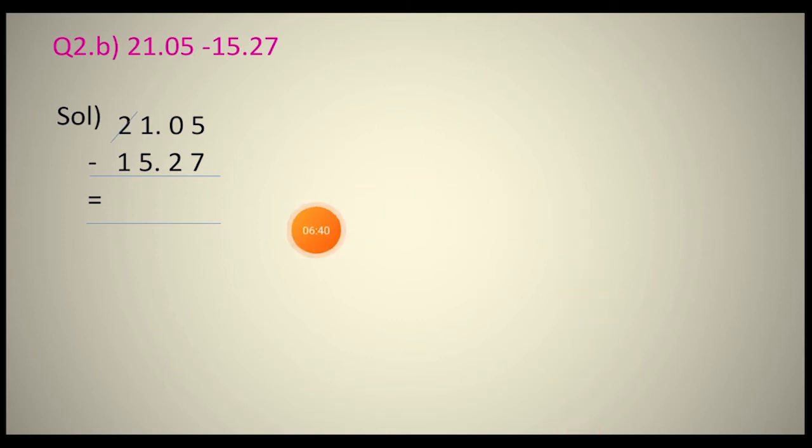And now for the next question also, that is 21.05 minus 15.27. So arrange them one below another and put a subtraction sign, then subtract them from the right hand digit of the decimal places. So here you can see that the digit in the 100th part of the first number is 5, which is less than 7, so we cannot subtract.